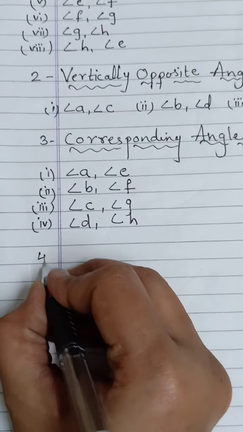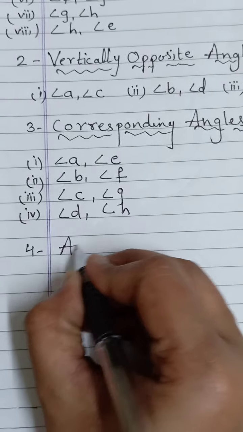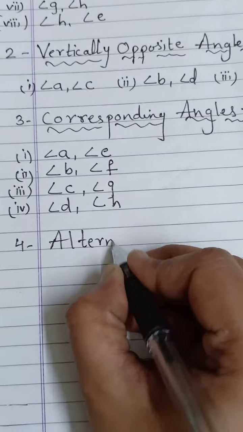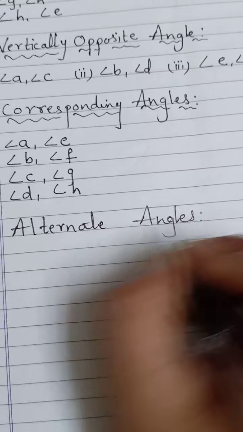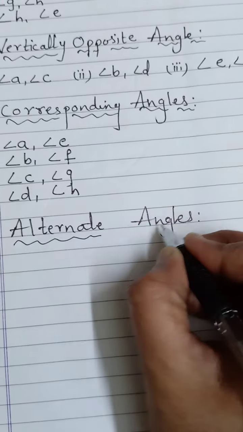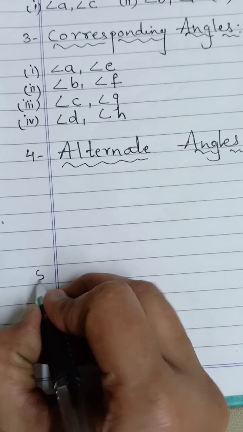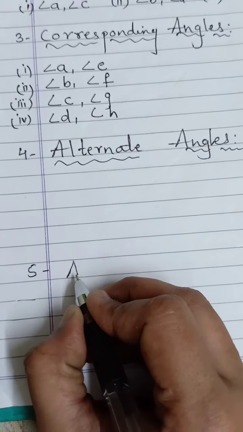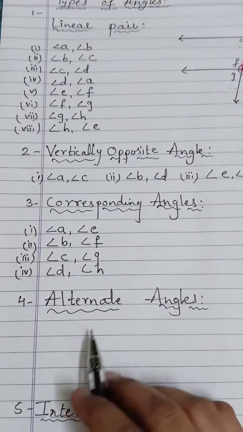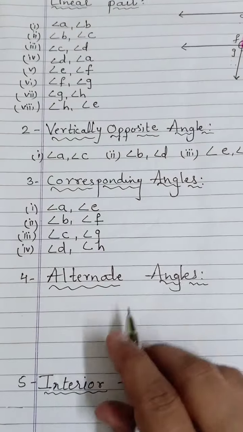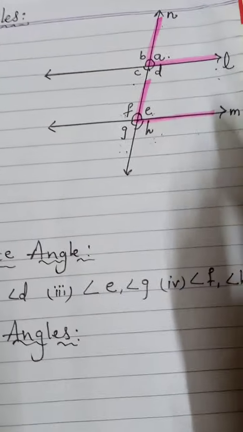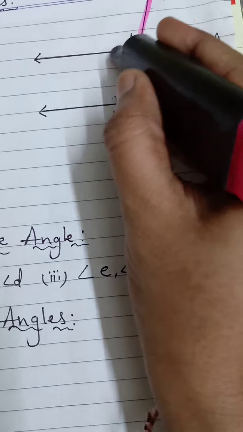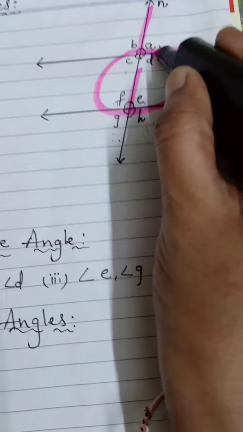Now we'll see the fourth one, that is alternate angles, and the fifth one, interior angles. Both types I will explain simultaneously. For these, we will take only these 4 angles.